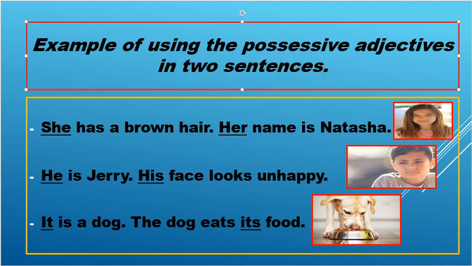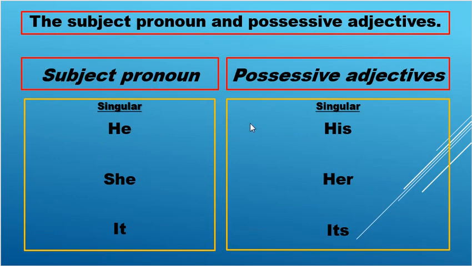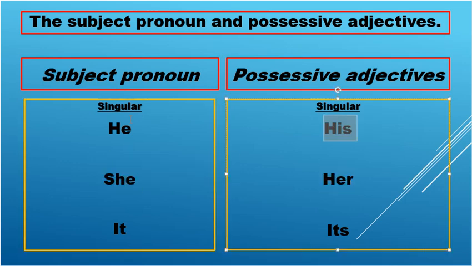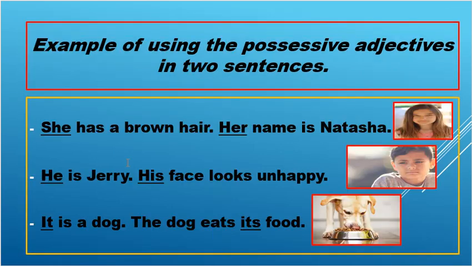So two sentences. She has brown hair. Why do we use she? If you remember, the subject pronoun for her is she. So she has brown hair. You see, the hair of this girl is brown.